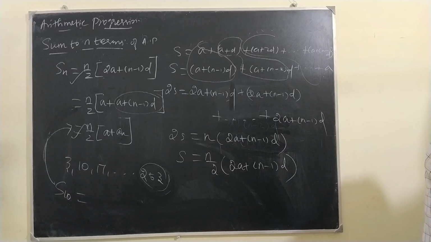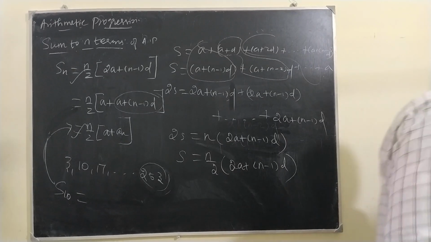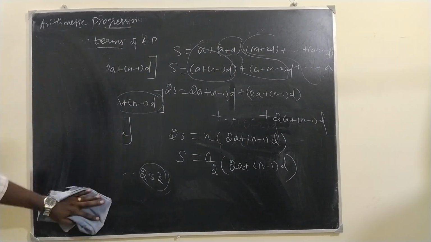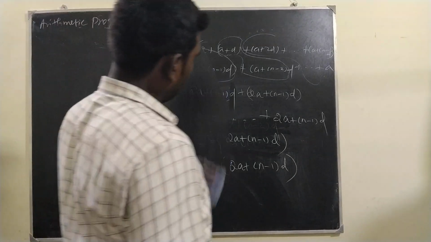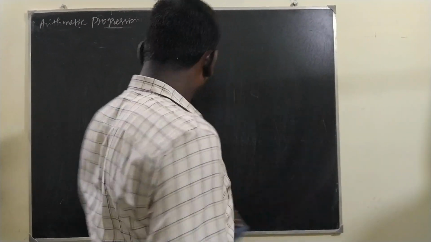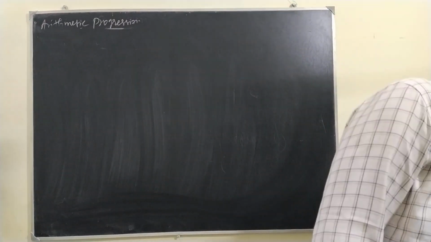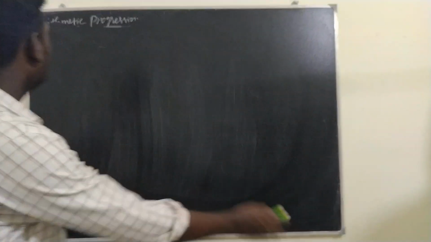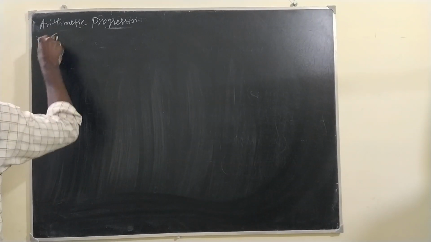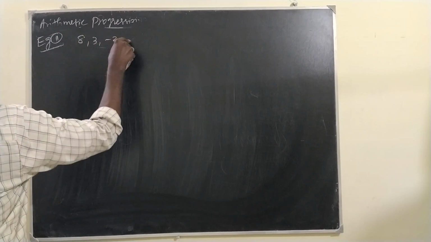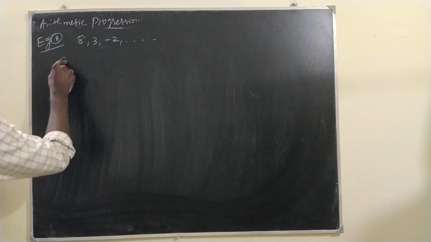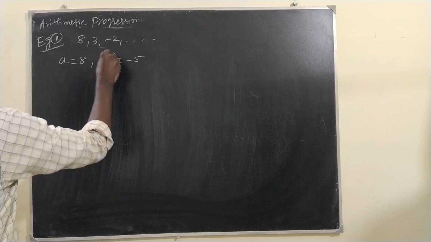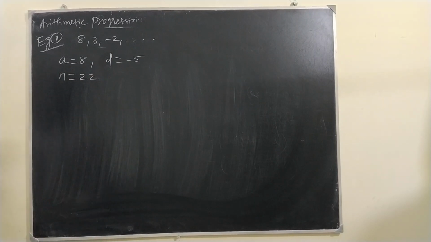See the example 11. Find the sum of first 22 terms of an AP. Direct application of the formula. What is the given AP? 8, 3, minus 2. a is equal to 8, d is equal to minus 5, n is equal to 22.